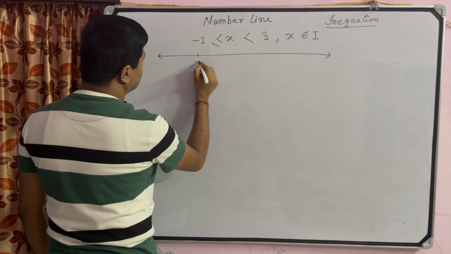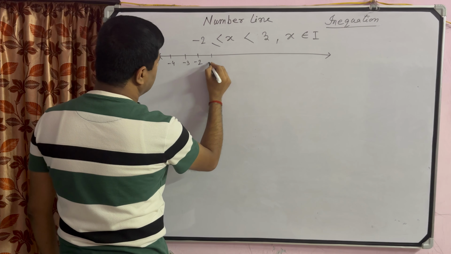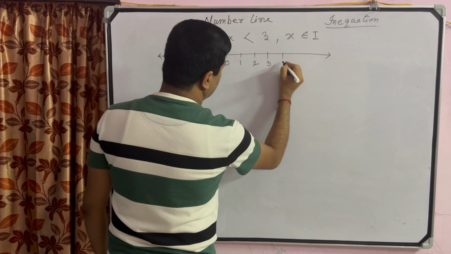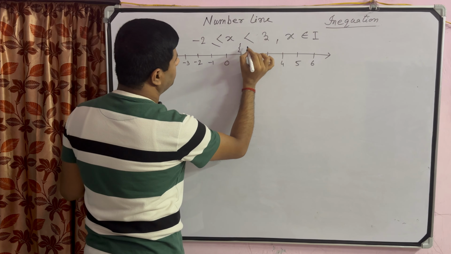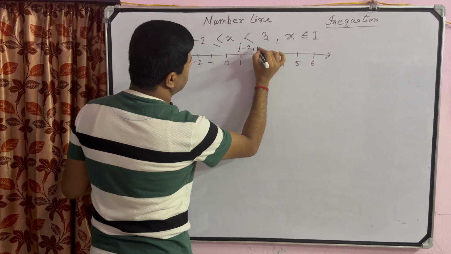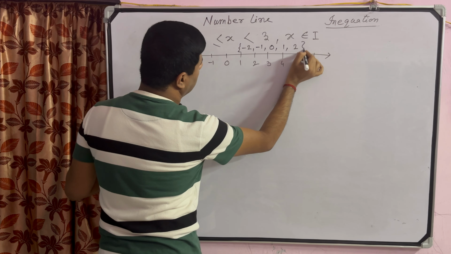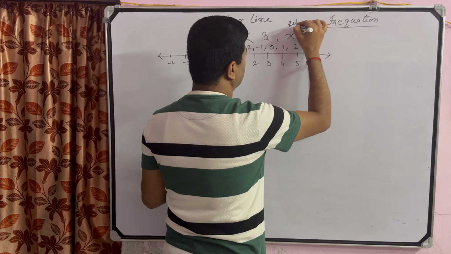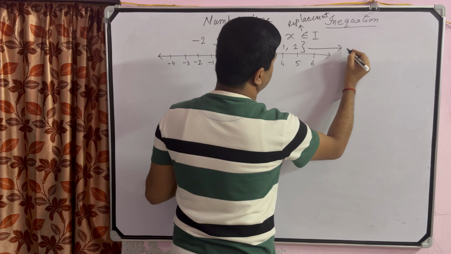Suppose this is -2, then -3, -4, and this side is -1, 0, 1, 2, 3, 4, 5 and 6, correct? It is -2 because it is included, then -1, then 0, then 1, then 2, but not 3 because 3 is not included. This is the replacement set. And this is the solution set.